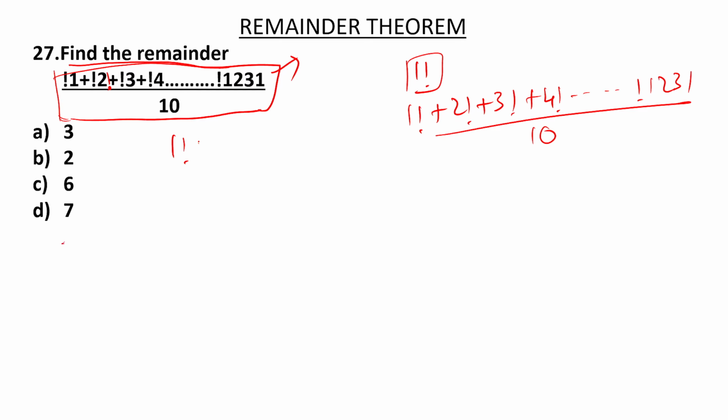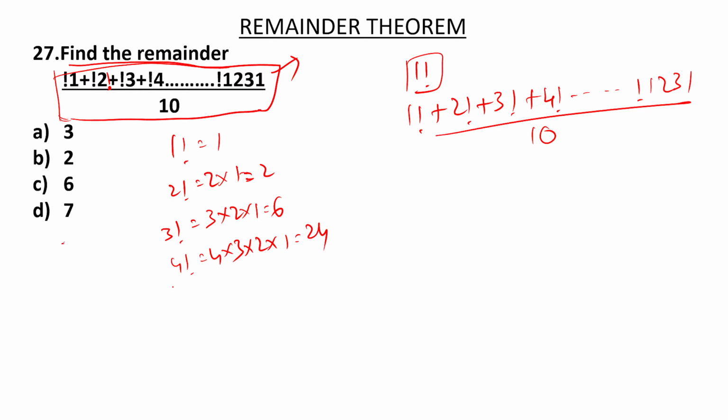As you can see, 1 factorial is 1, 2 factorial is 2 into 1, we get 2. 3 factorial, 3 into 2 into 1, 3 twos are 6. 4 factorial, 4 into 3 into 2 into 1, 4 threes are 12, 12 twos are 24. 5 factorial, 5 into 4 into 3 into 2 into 1, 5 fours are 20, 20 threes are 60, 60 twos are 120.